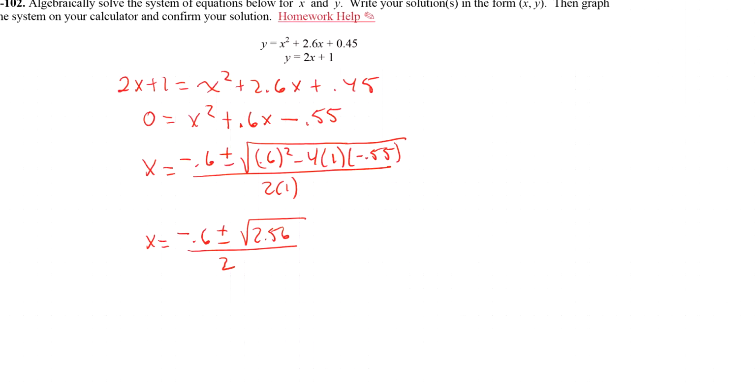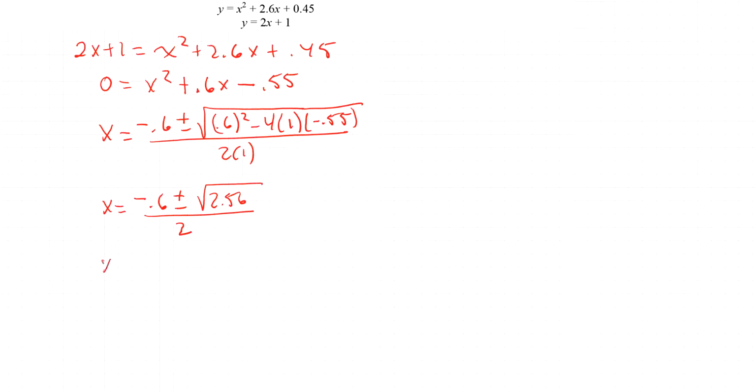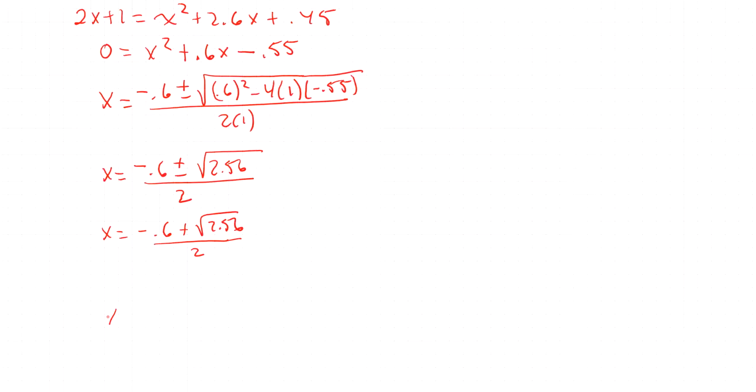So we know our solutions are going to be x equals negative 0.6 plus the square root of 2.56 divided by 2, and x is going to equal negative 0.6 minus the square root of 2.56 divided by 2.